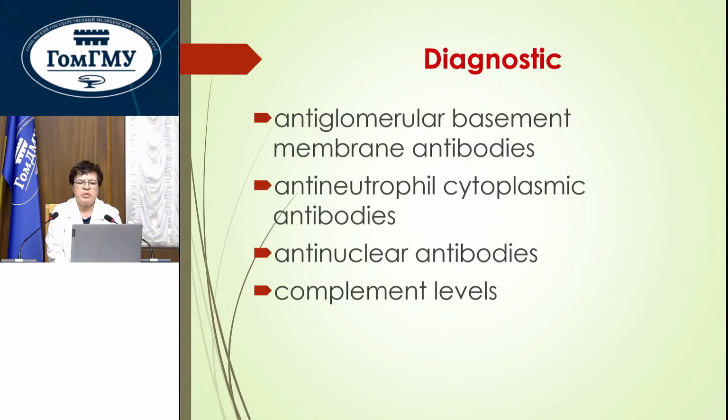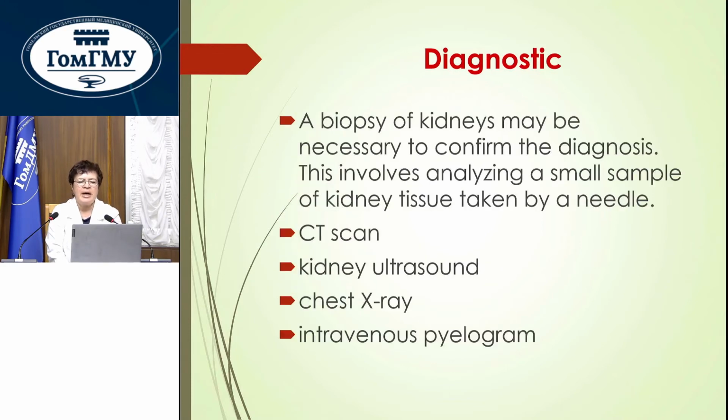Antiglomerular basement membrane antibodies, anti-neutrophil cytoplasmic antibodies, anti-nuclear antibodies, and complement levels are very necessary to diagnose the disease. A biopsy of the kidney may be necessary to confirm the diagnosis.